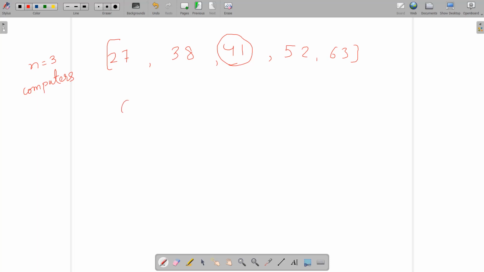Greedy works here when we pick the elements optimally.